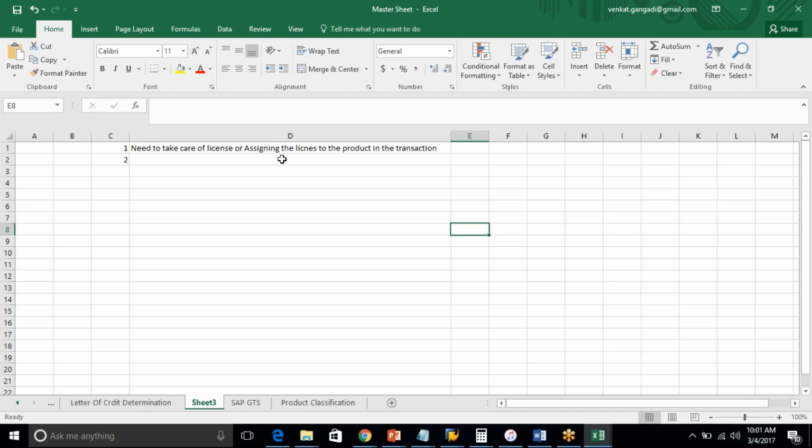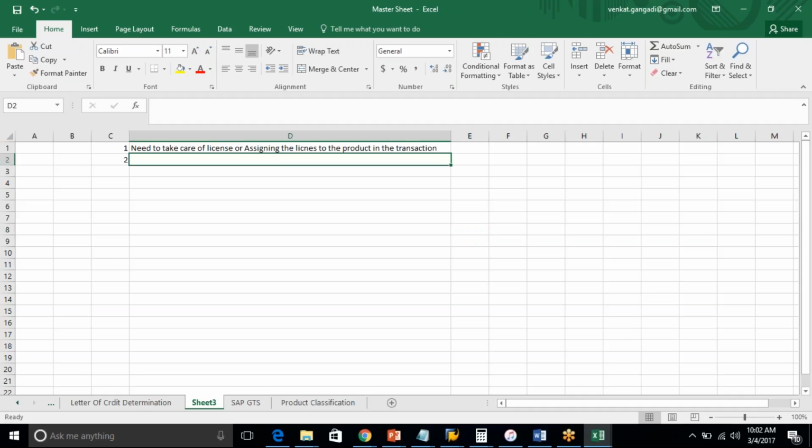Like this, each and every country publishes a list of bad countries, or a list of prohibited countries, so that we need to take care.